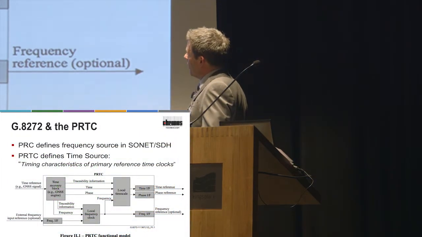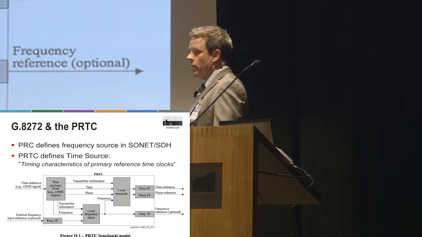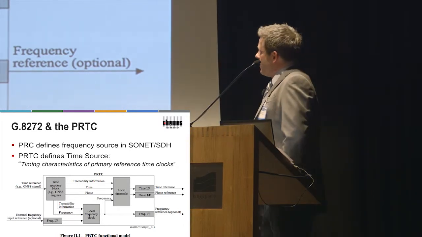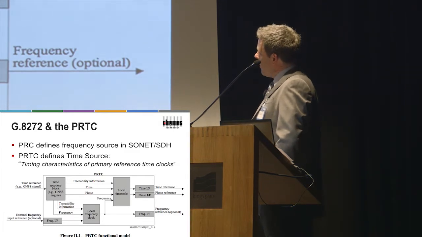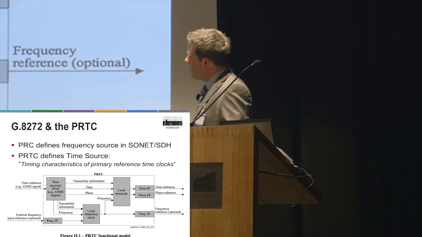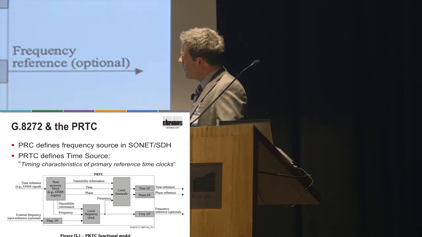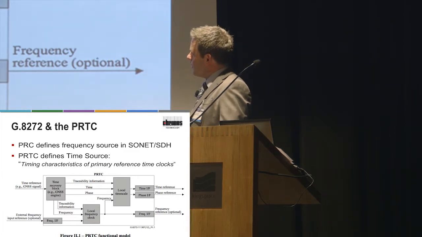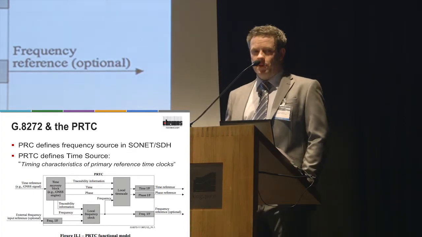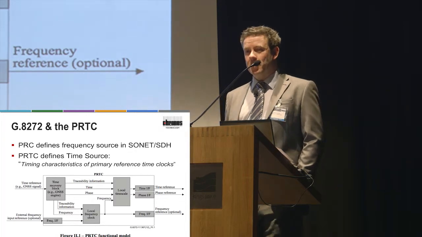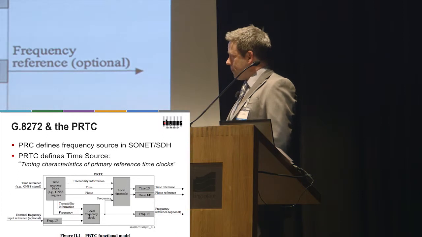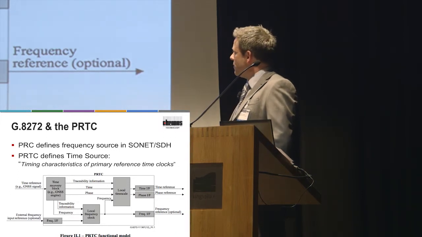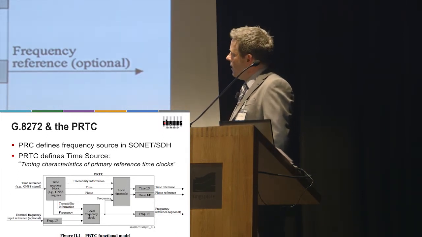8272, I think Steve had this in his jargon buster. This is taken straight from 8272. It talks about the PRTC, and getting back to some of the points I was trying to make in the first slides, we're still using that frequency stability. We're using it as an assist. We heard discussion earlier about synchronous Ethernet used as assistance to PTP or assistance to GPS receivers.